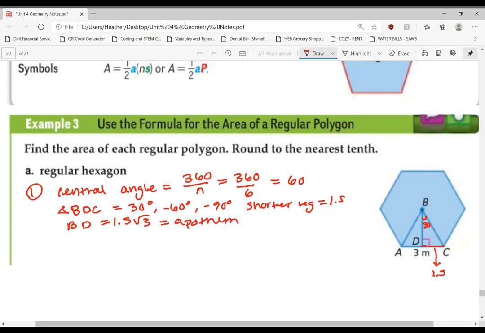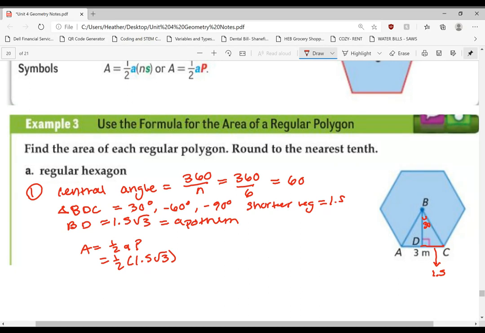Now, using the formula, we have A is equal to 1/2 little a times P. This is the area of a regular polygon. So we have 1/2 times the apothem, which is 1.5 square roots of 3, times P, which is all of the sides together.